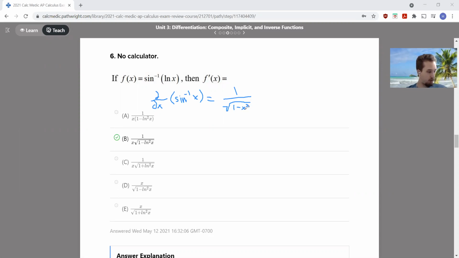And I'm just going to make sure that I remember it right. I'm pretty sure that's it. Yep, that is correct.